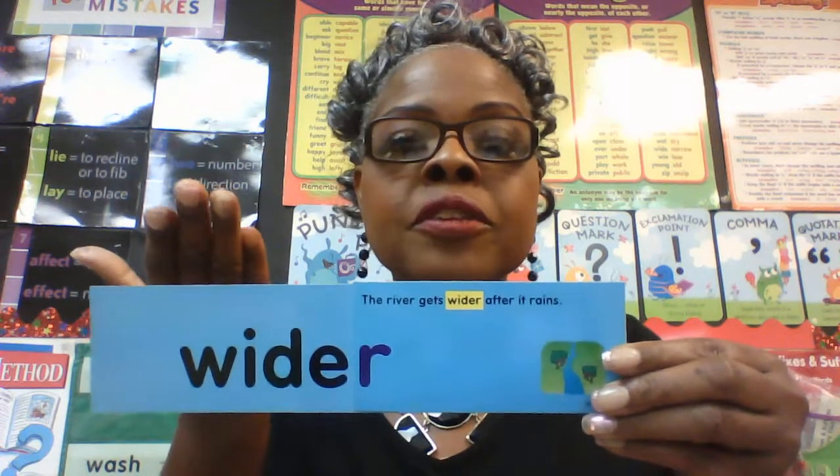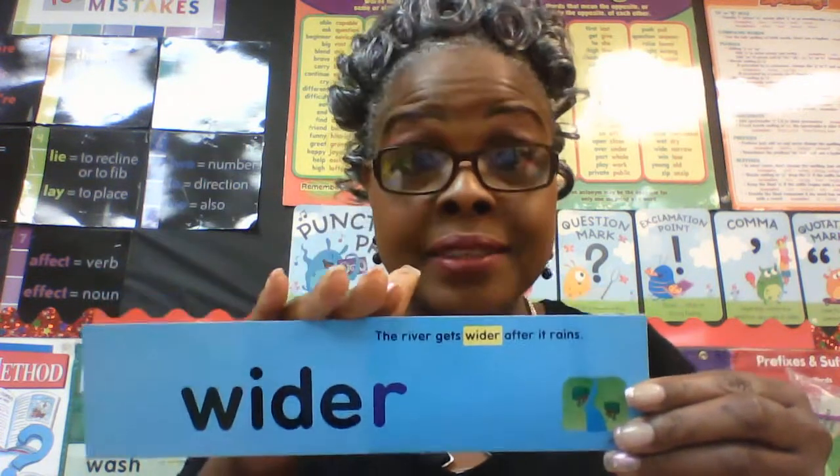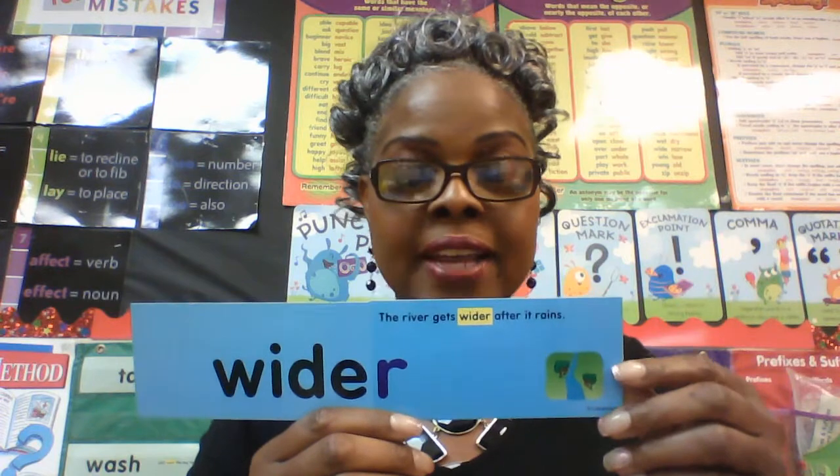So that means that the river is not wide. That's because the land is not flooded. It's not dry. What happens to lakes, rivers, and streams when it rains? Good. They swell. They become bigger.